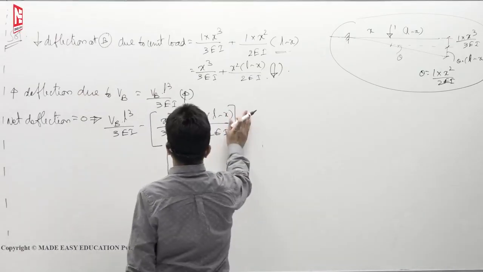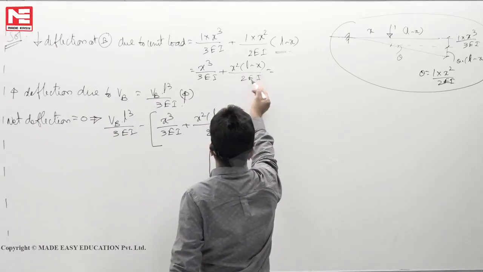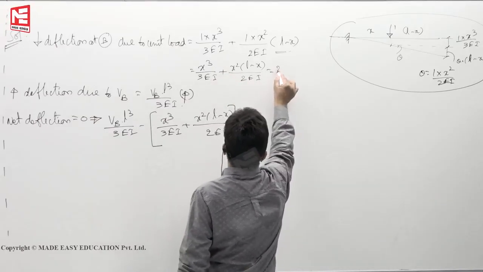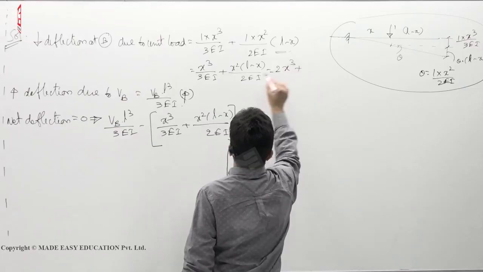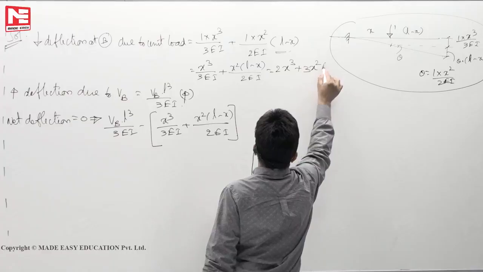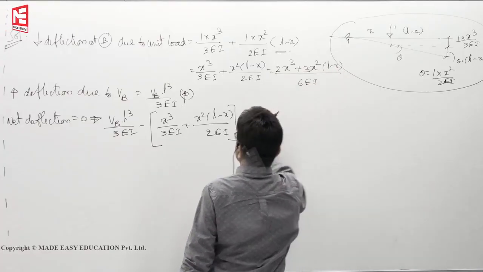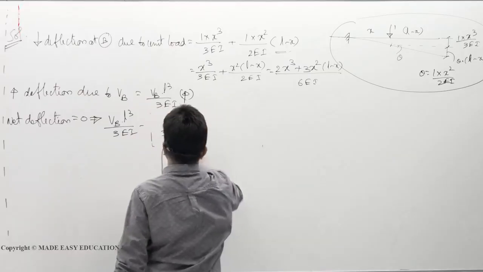Or if you further simplify, you will get how much? 6EI common, 6 means 3 into 2. So 2x cube plus 3x square into L minus x by 6EI. This simplified form we will write.